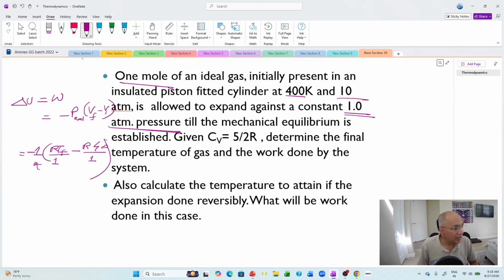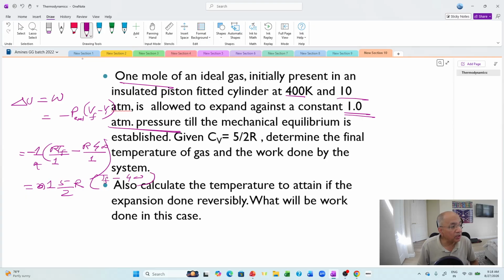So this is equal to n1 CV, which is given as 5/2 R delta T. So this is T2, TF minus 400.